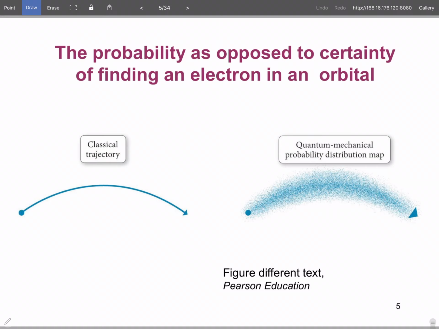So that brings us to, do you remember several slides ago when we said that we don't talk about an electron as knowing where it's at. We talk about the probability of finding an electron. Well, if you take a baseball, think baseball, and you throw the ball, you can follow the ball where it goes. That's what's called a classical trajectory. The problem with an electron is that it has a particle and a wave nature. So as it moves, remember a wave, think of a flashlight, will spread out.